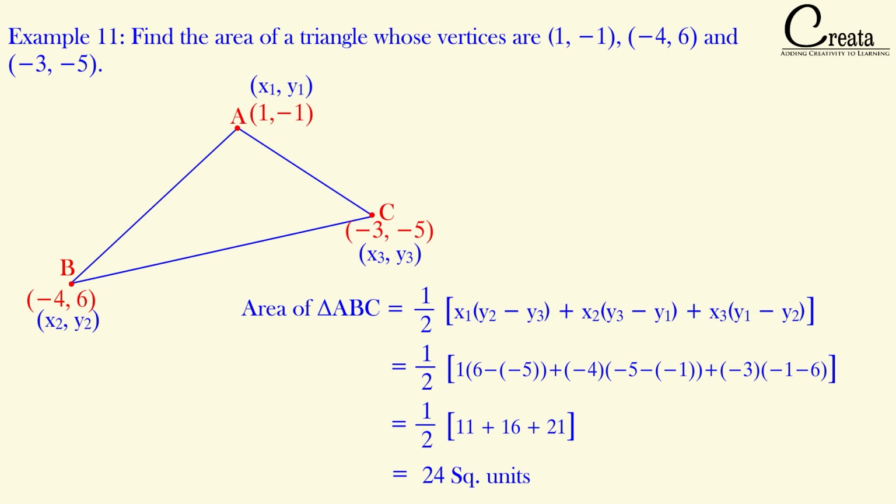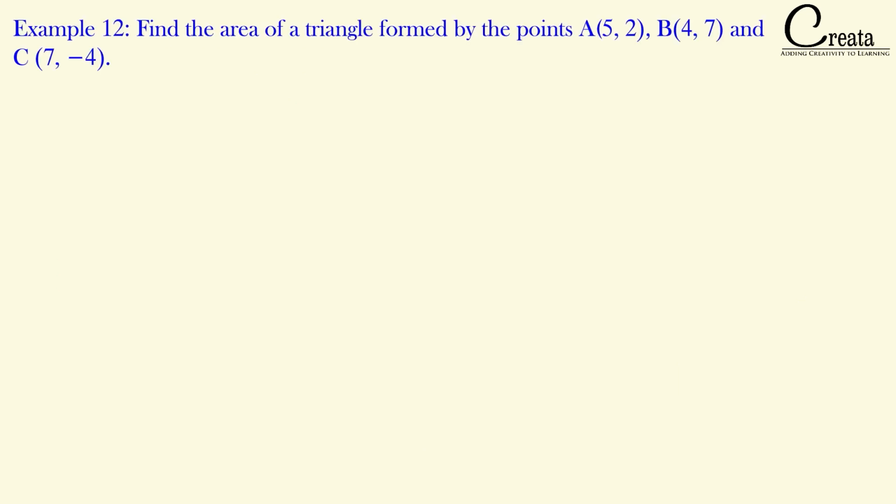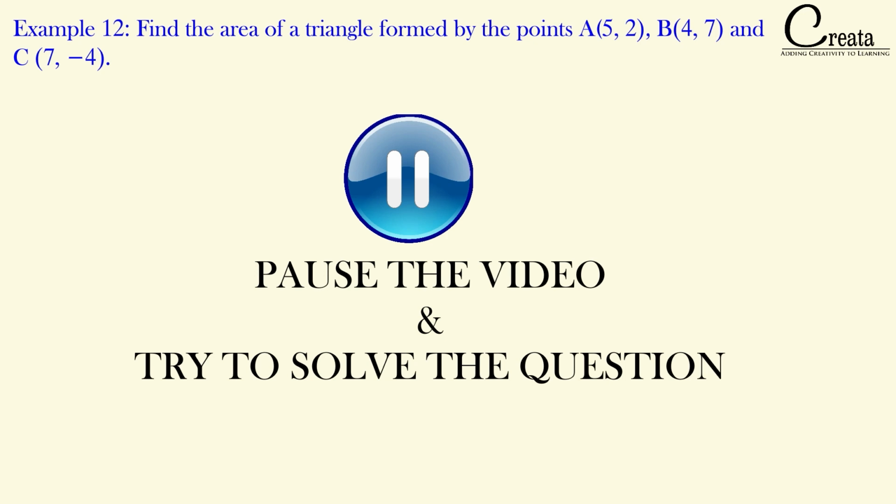Let's move further to the next question. The question is, find the area of the triangle formed by the points A (5, 2), B (4, 7) and C (7, -4). Pause the video and try to solve this question.